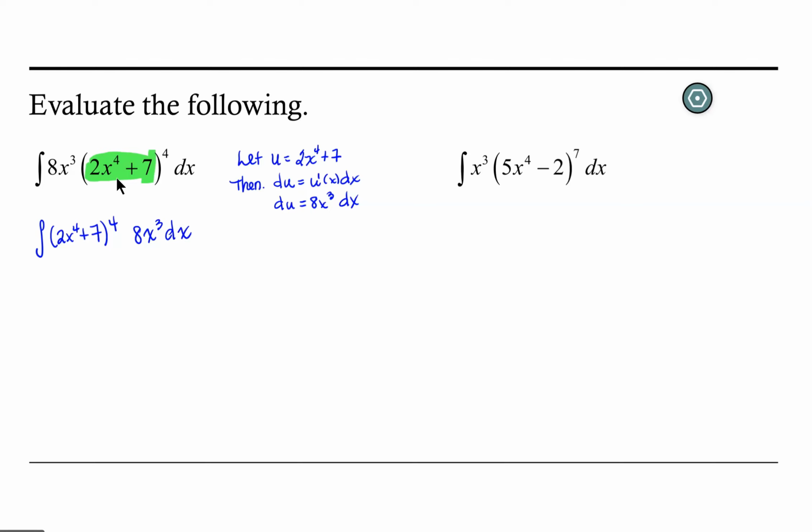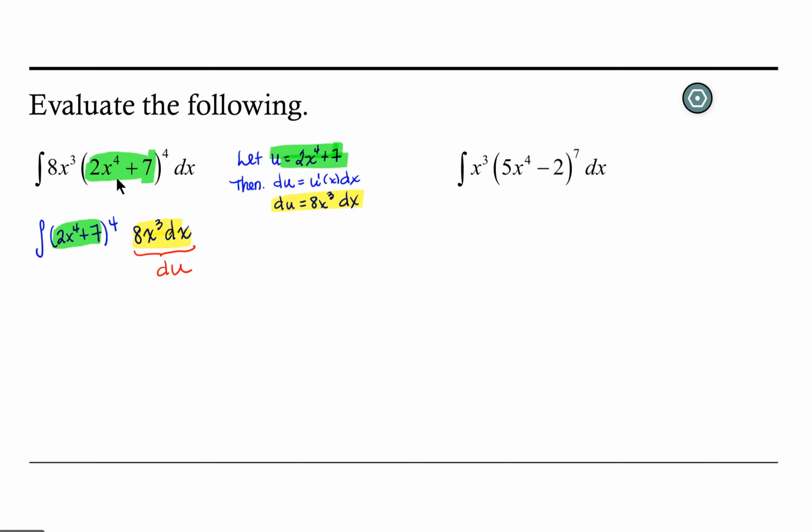And now what I can see is that I have 8x cubed dx, and I can replace that with du. And then I notice that I've got u as 2x to the fourth plus 7.